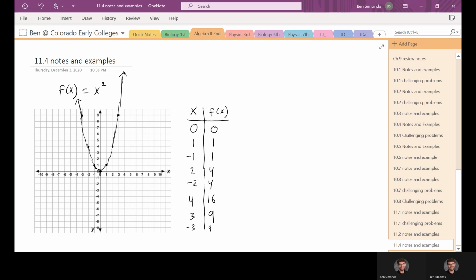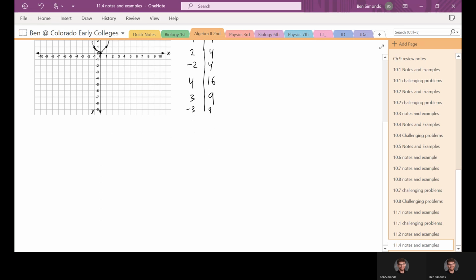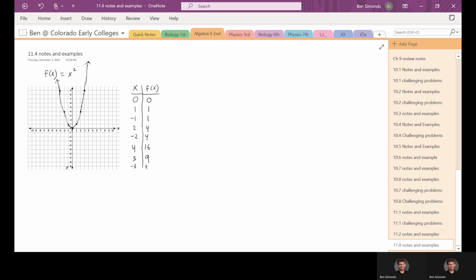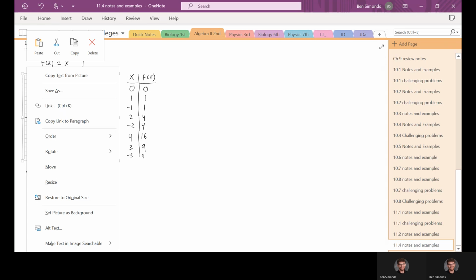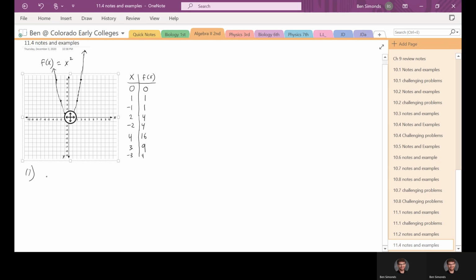So there's our basic shape, and now we're going to do some manipulations to that basic shape. So let's start with some examples. The first problem from the assignment, number 11, tells us that f of x equals x squared plus 2.